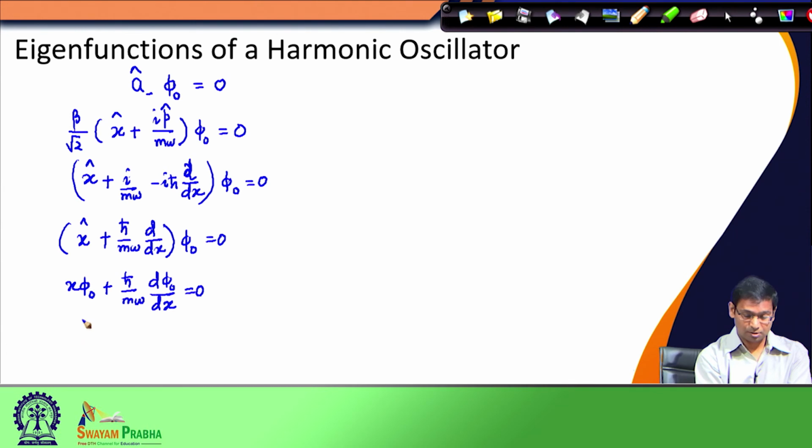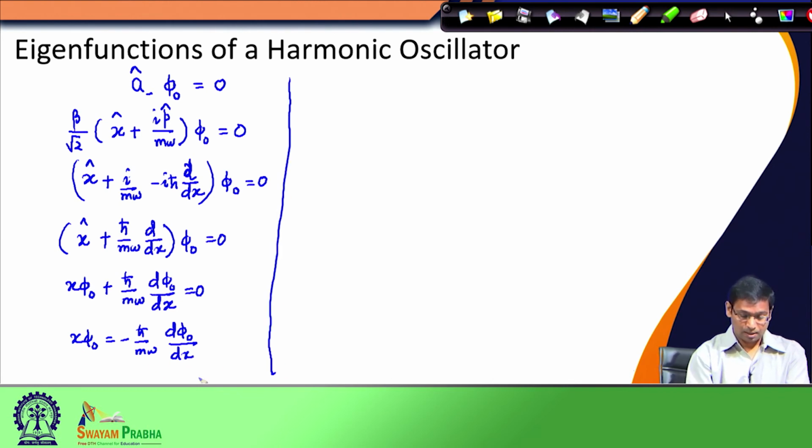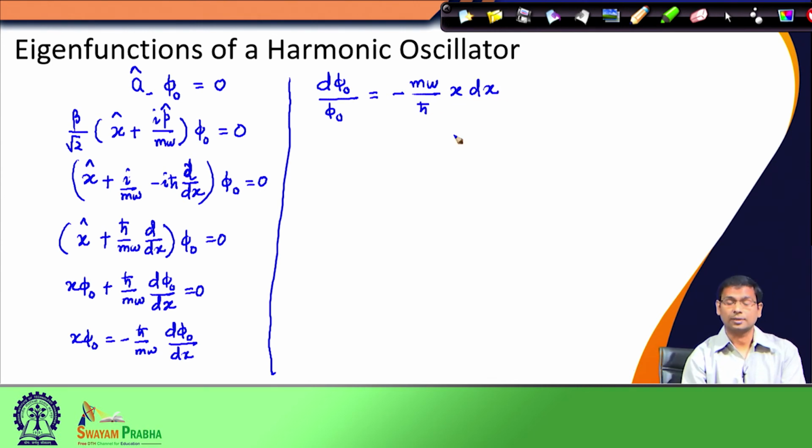And therefore, I take this and now separate the phi 0 term on one side. So, I bring phi 0 to this side and the x terms on the other side.